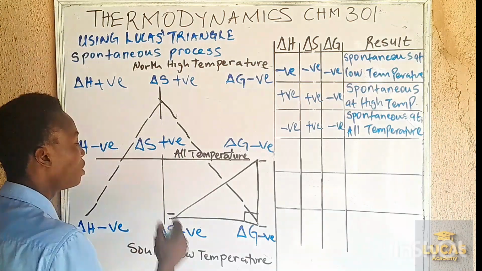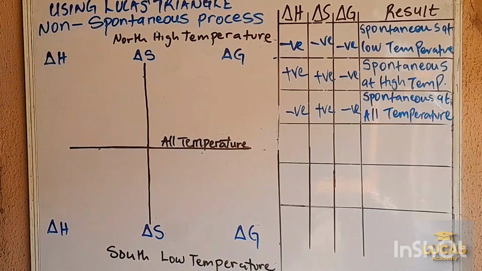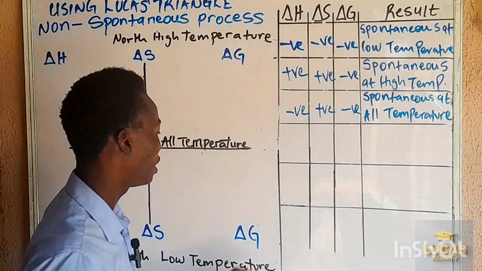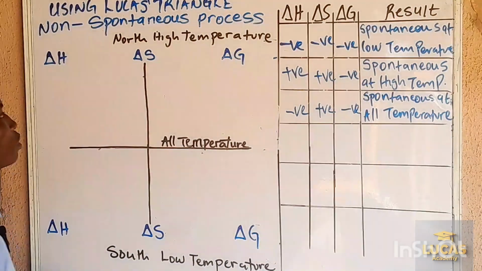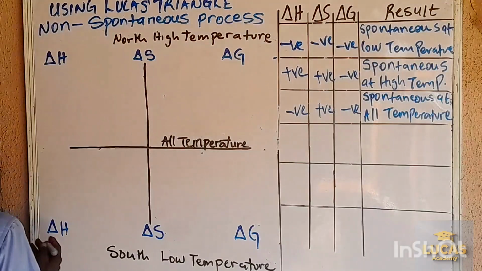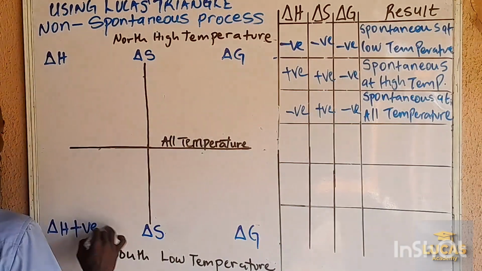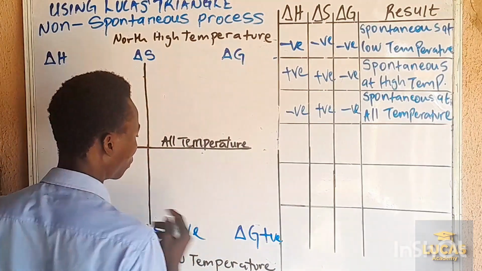Now let's talk about what we call the non-spontaneous process. For a process that is not spontaneous, the value of delta G is expected to be positive. So with respect to that, this is what we are going to do. We are going to make all of them in this place positive. So here we go. This one here will be positive, positive, and positive.